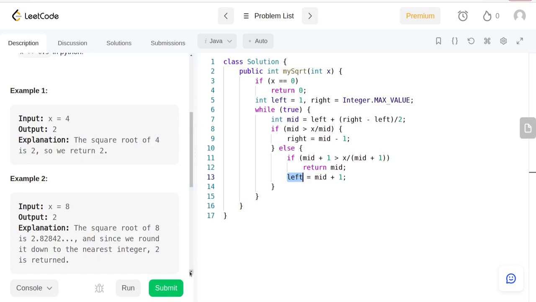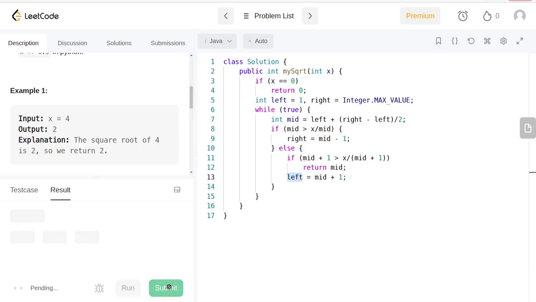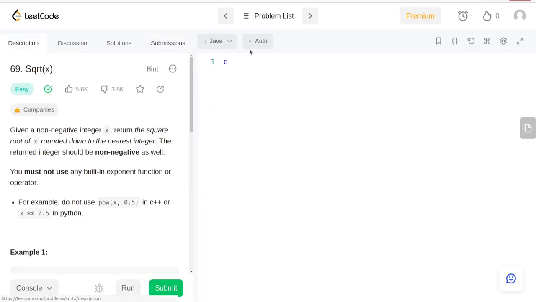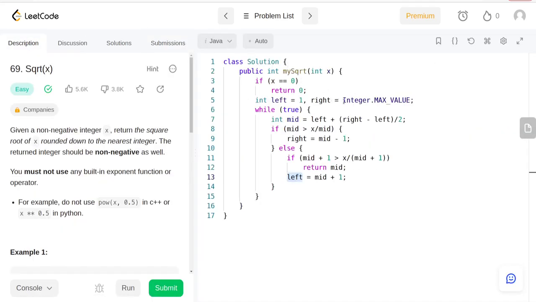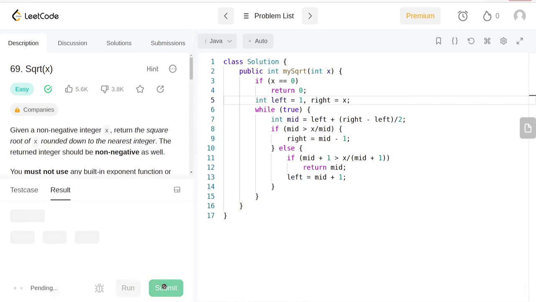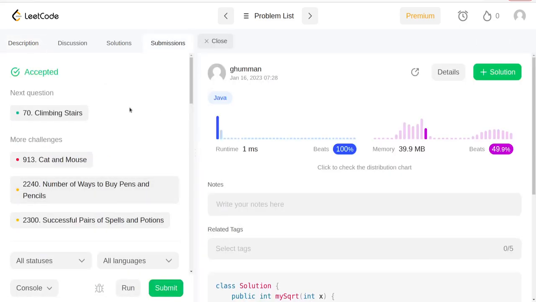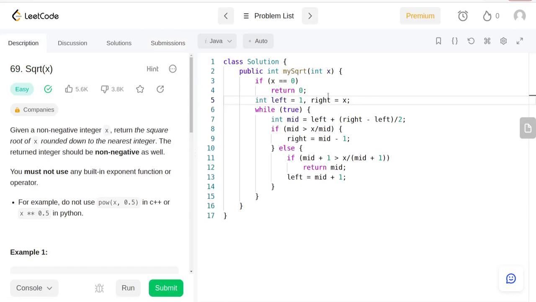So that should do it. Let's run it. I wanted to see one more thing. So that is fine. What happens if we keep our right as x? That also works. So we do not have to keep our right equal to integer max.